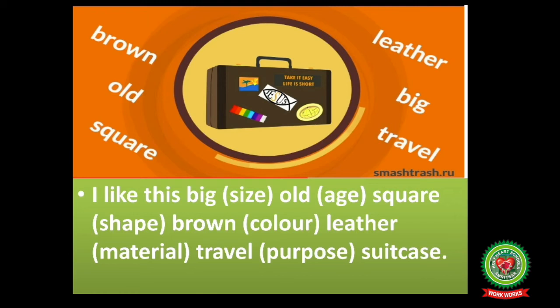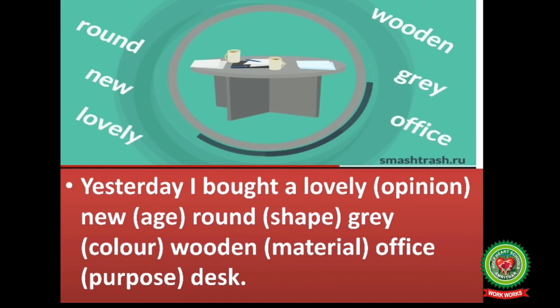Big describes size. Old describes age. Square describes shape. Brown describes color. Leather describes material. Travel describes purpose. So the answer is, I like this big, old, square, brown, leather travel suitcase.